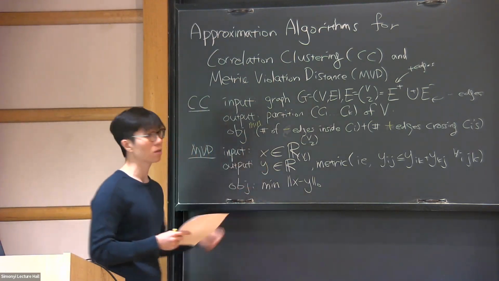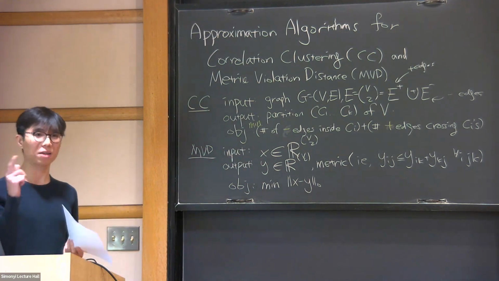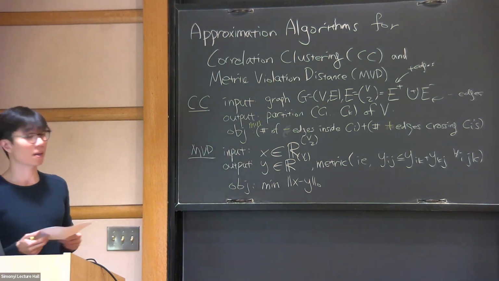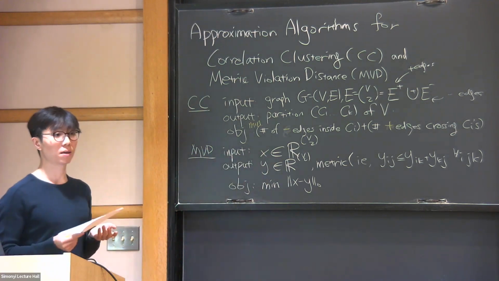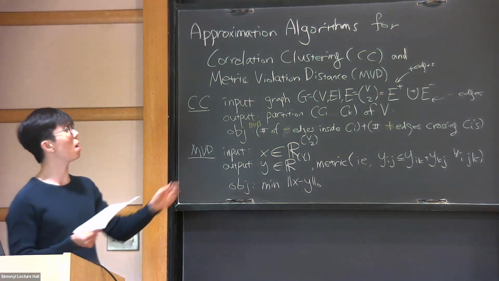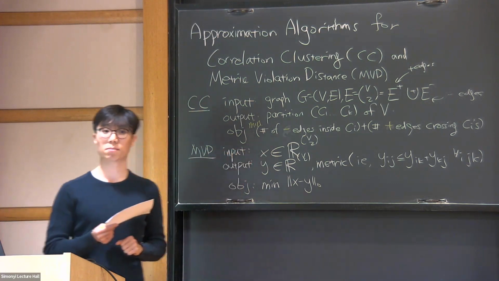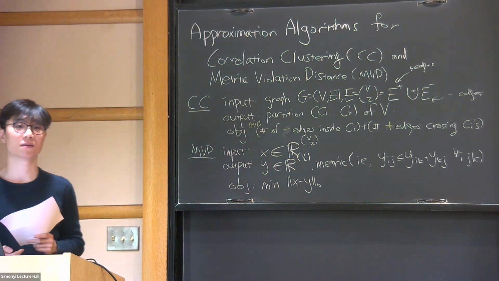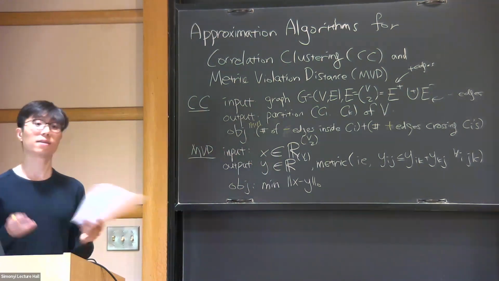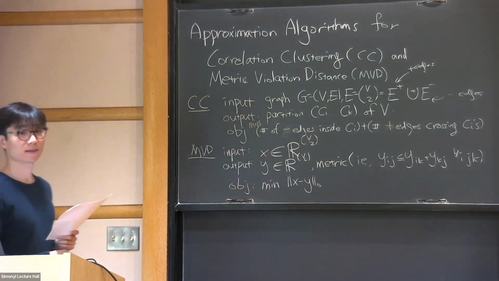Sometimes the classifier says I and J might be in different clusters, and then the input is minus. Our job is to find a clustering that is most consistent with the observations. So a plus edge encourages you to put the two vertices in the same cluster, and a minus edge encourages you to put them in different ones.